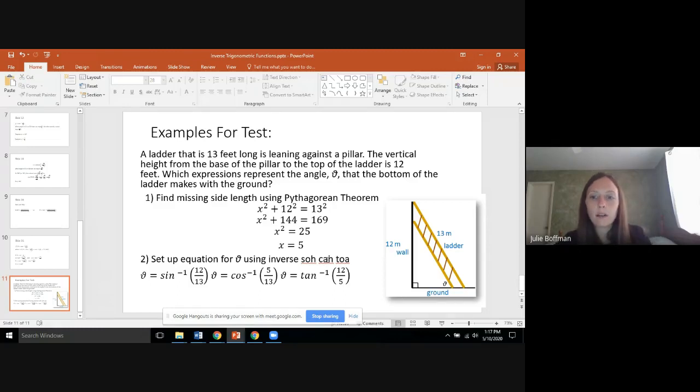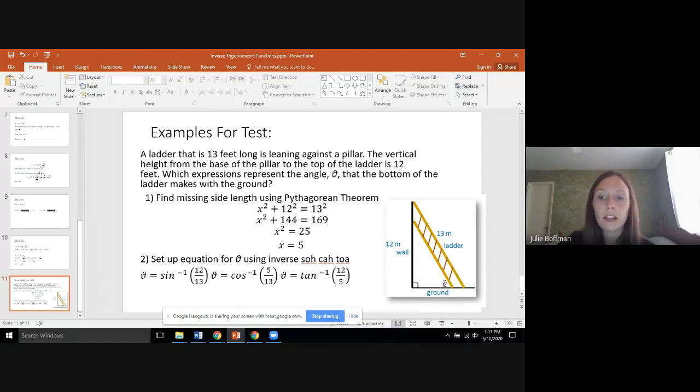So now we could set up, think about this is theta, the angle the ladder makes with the ground. So let's go through all of them. So theta would equal inverse sine, which is sine is opposite over hypotenuse. So the opposite wall side is 12 and the hypotenuse is 13. So if you took inverse sine of 12 over 13, that would be theta.